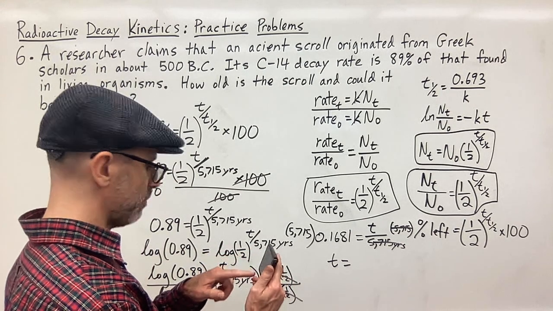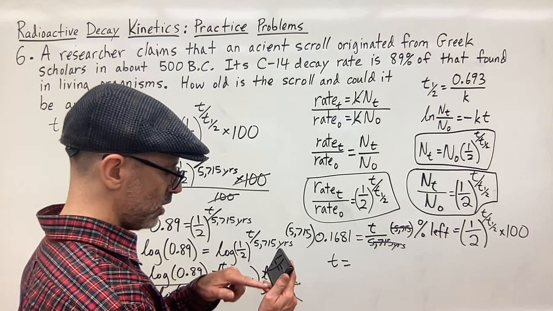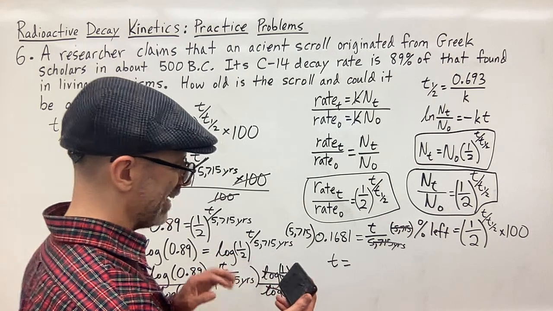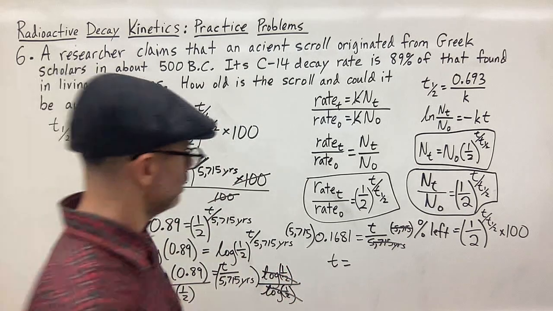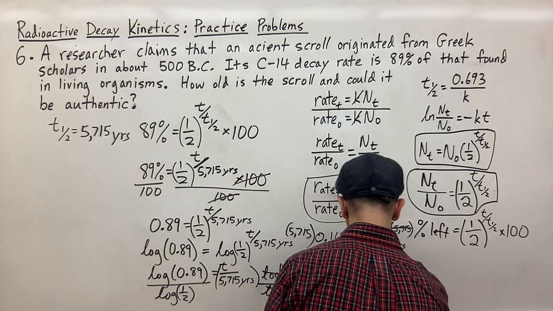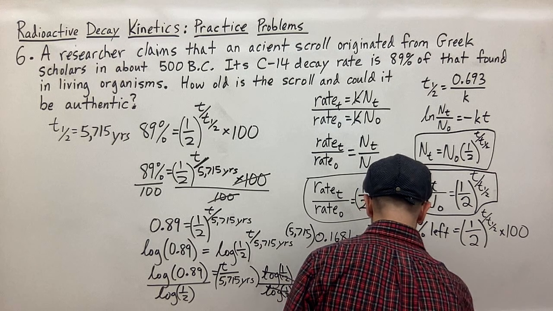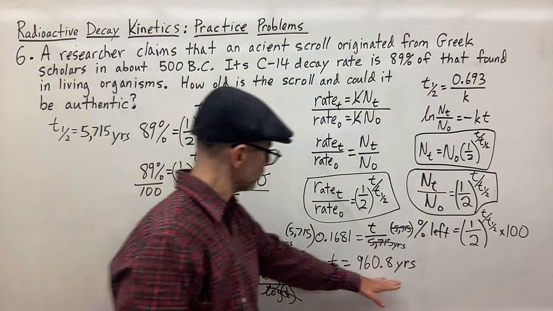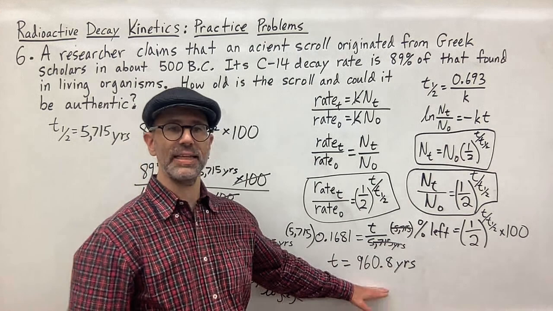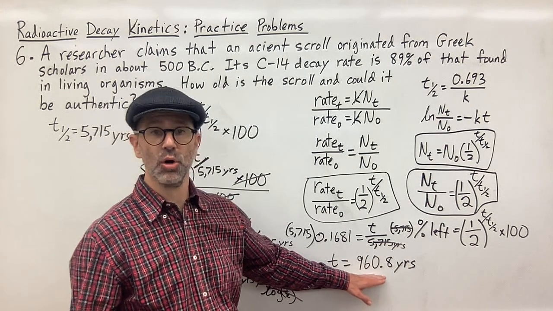So multiply that by 5,715 years, and that gives me 960.8 years. So that tells me that this scroll is 961 years old.